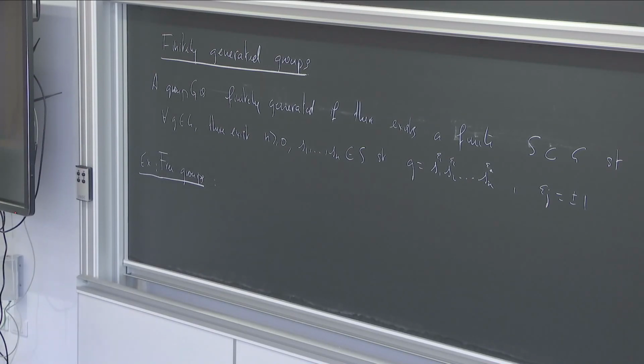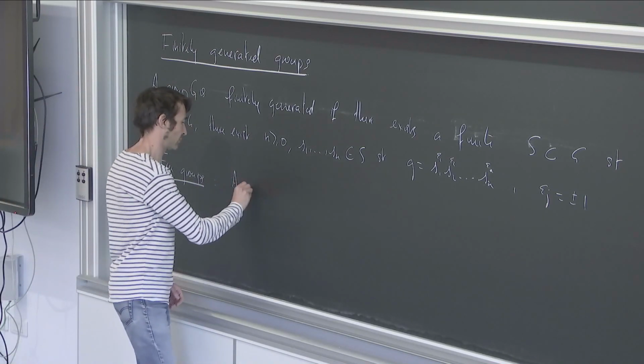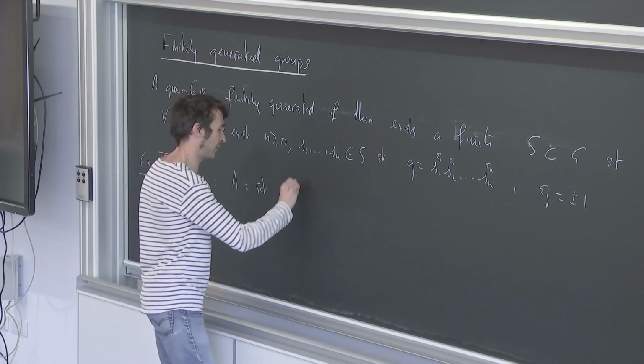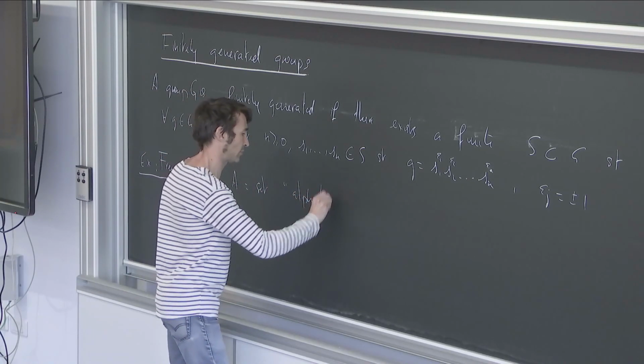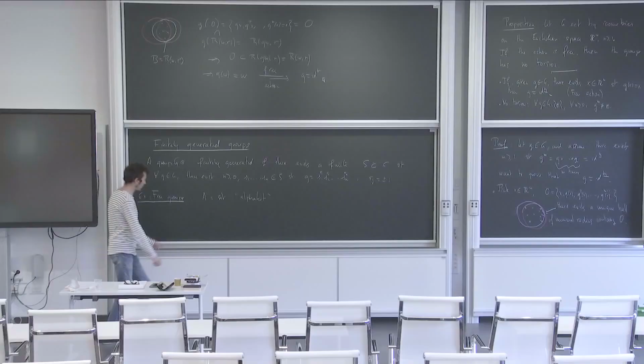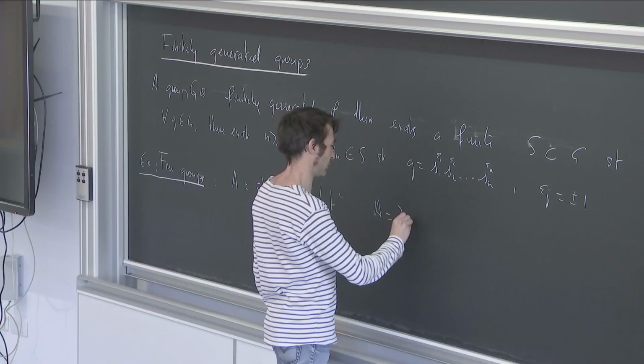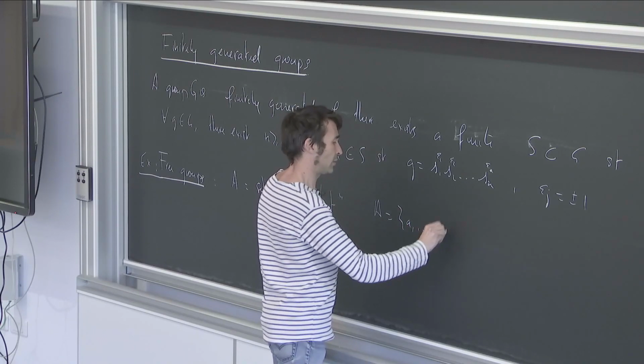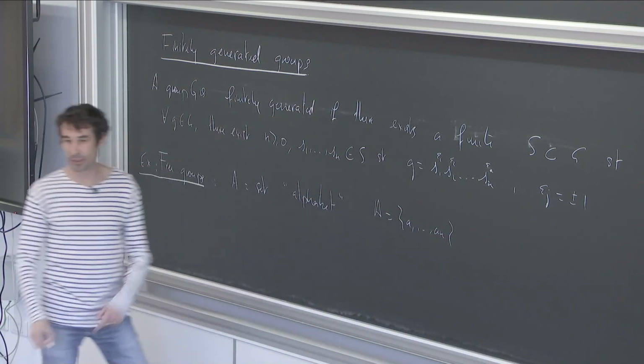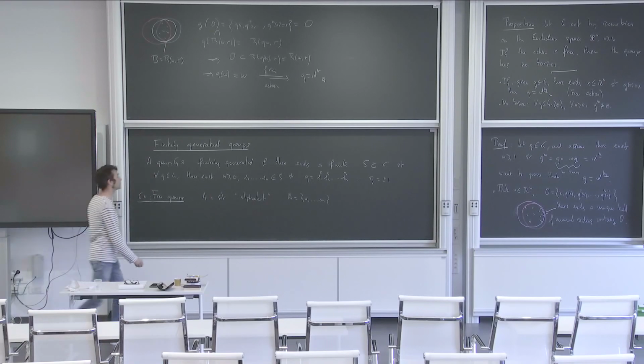So you let A be a set called the alphabet. This is a set like A equals, so it can be finite or it can be infinite, but it has to be non-empty at least.